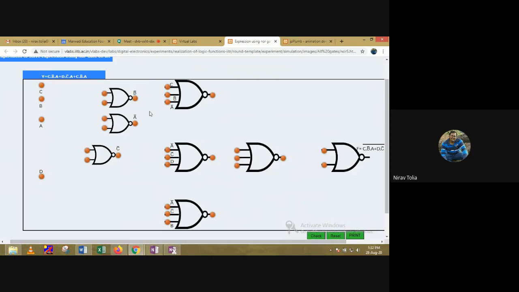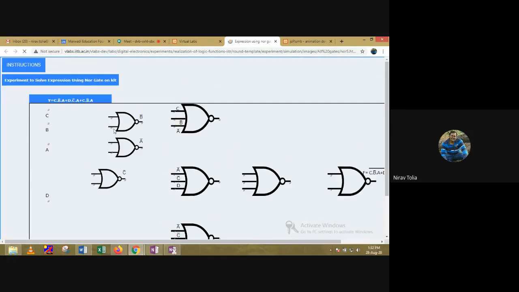Here they are giving the outputs already. What it gives, it requires B bar. So what I have to do, I have to connect B with this. Then I required here A bar, so I have to connect here A. I required here C bar, so I have to connect here C.